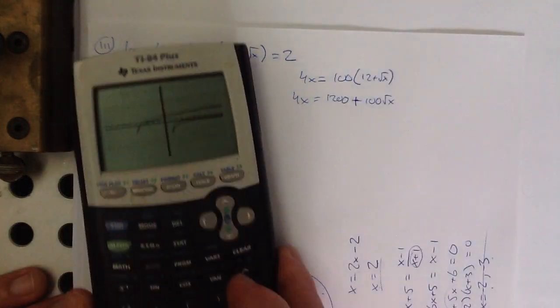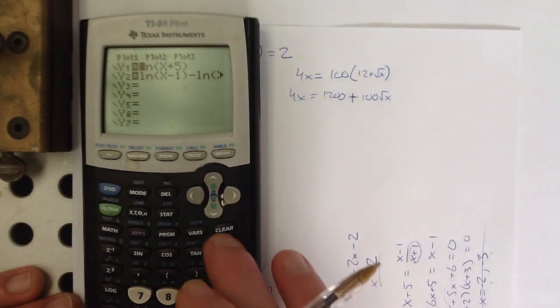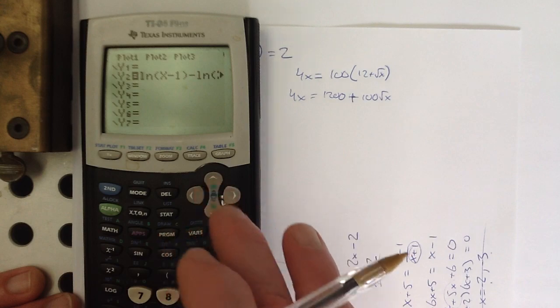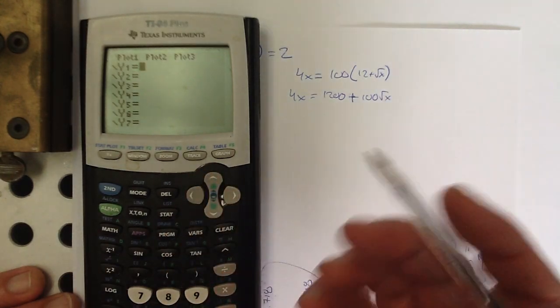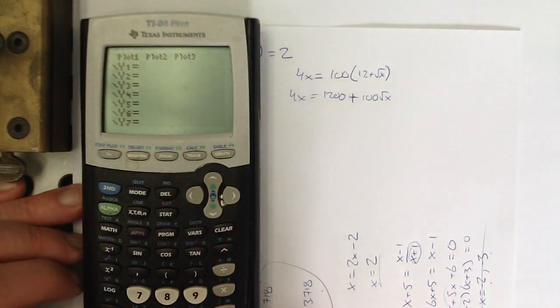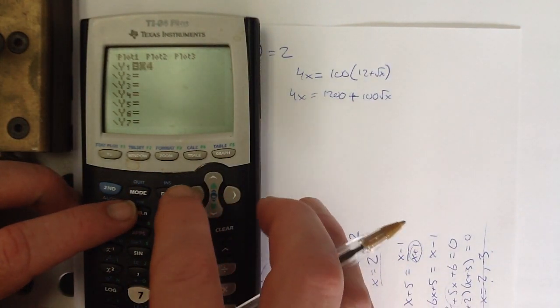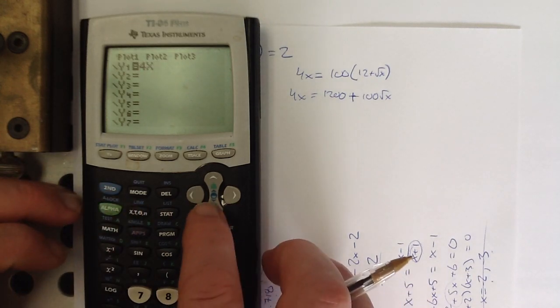I think from here I'm realizing that I probably just want to use the calculator. We could use the calculator on the original, but I'm going to use it on this, and then I'll check my answers with the original. How about that? So I'm going to do the graph both sides technique.